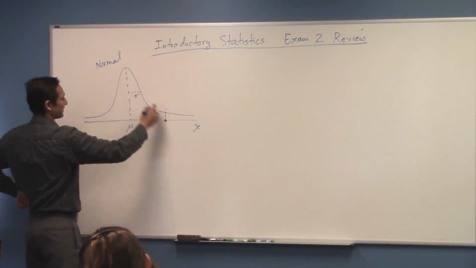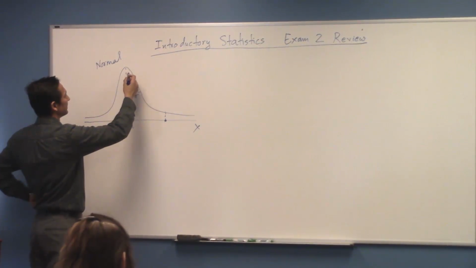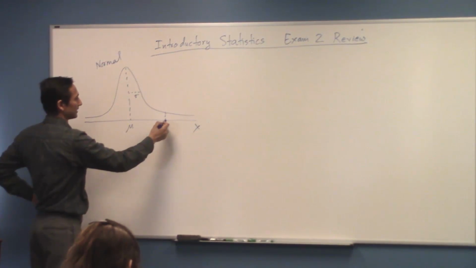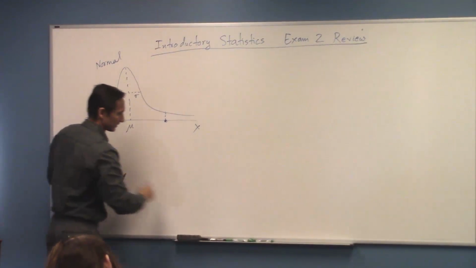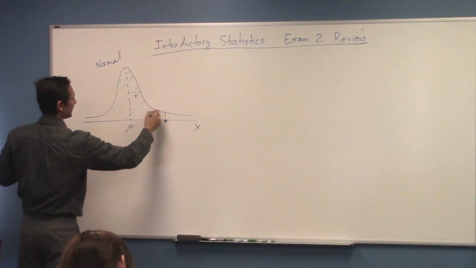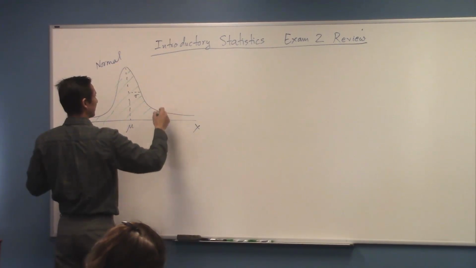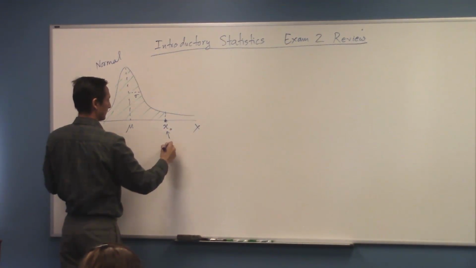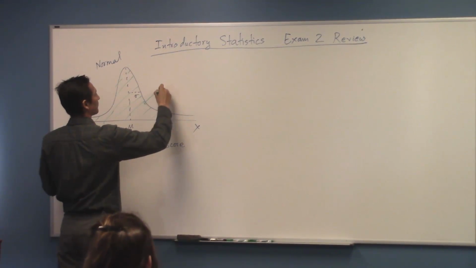That probability is computed as the area under this curve to the left of this point. So this is the score, and this area right here is the probability.